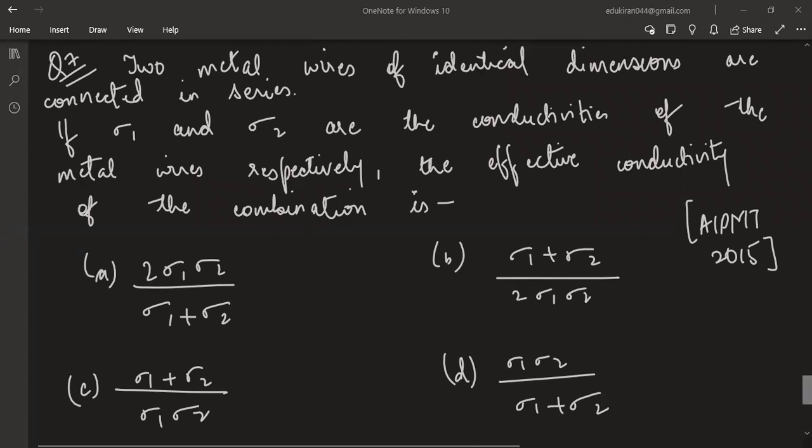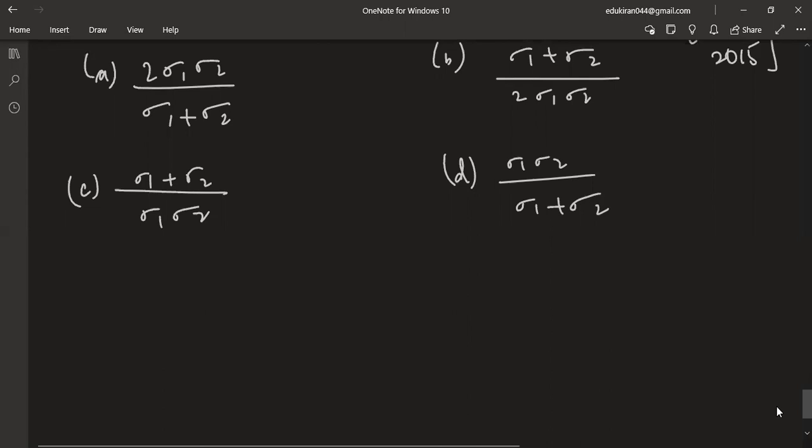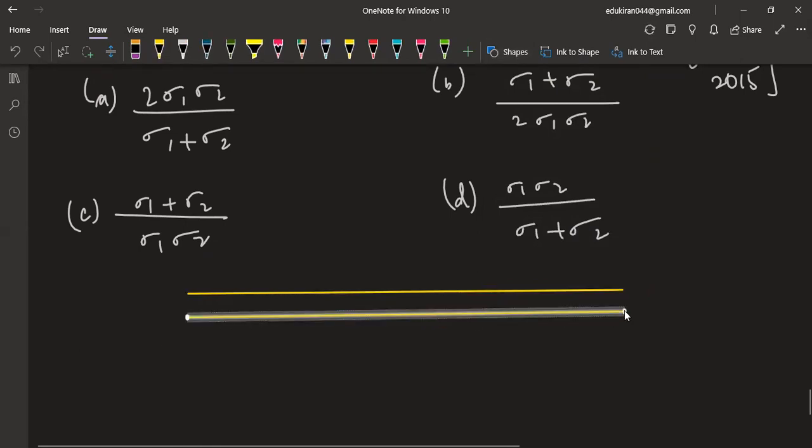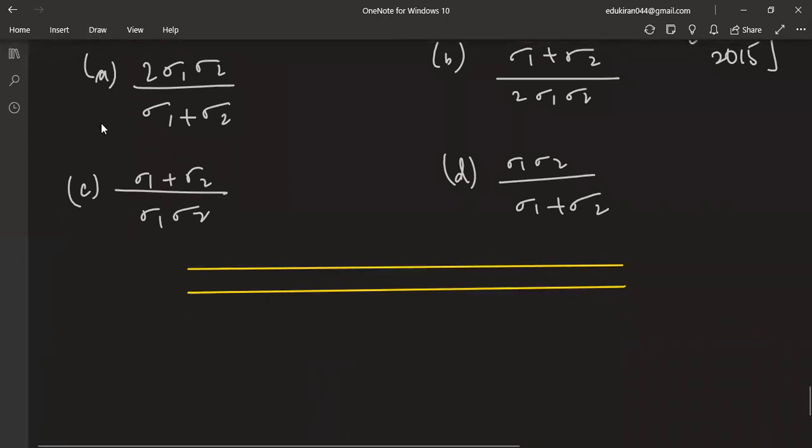Look, all those who are getting confused, I'll draw it first. Wait. So this is a rod.